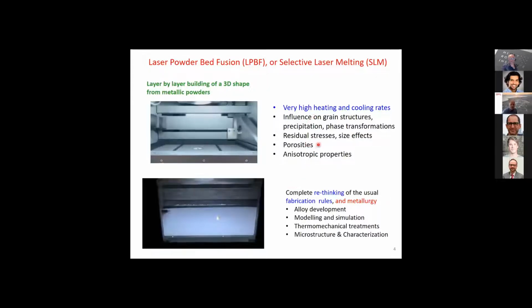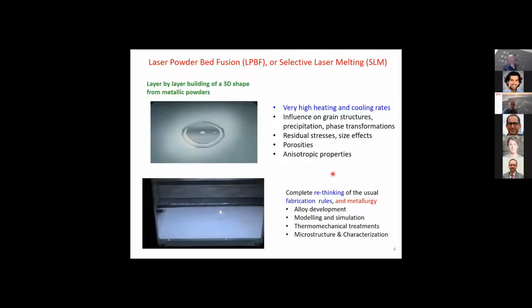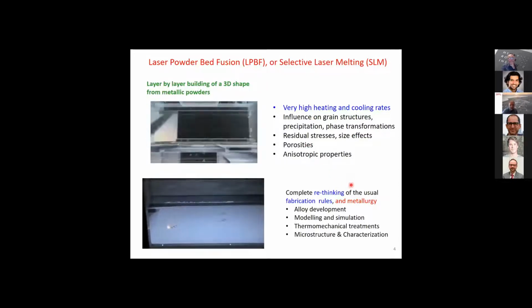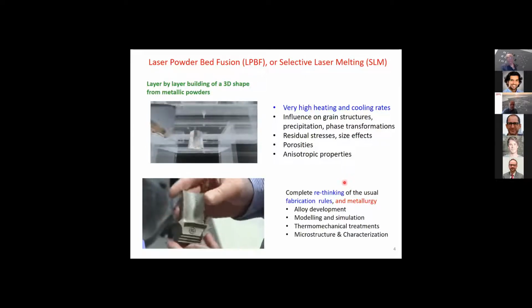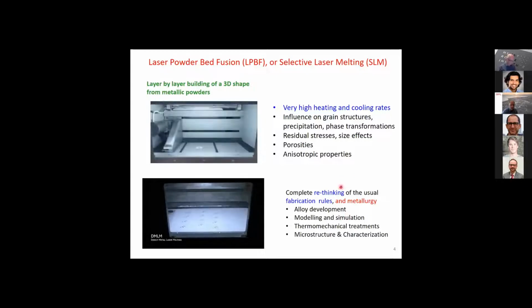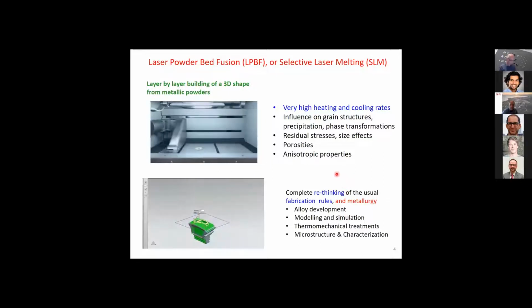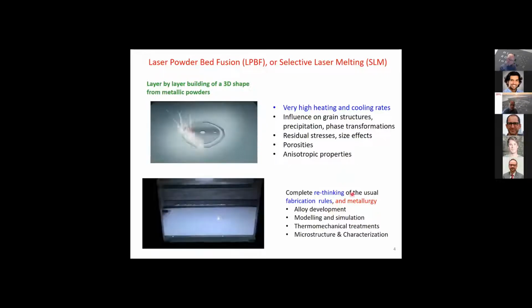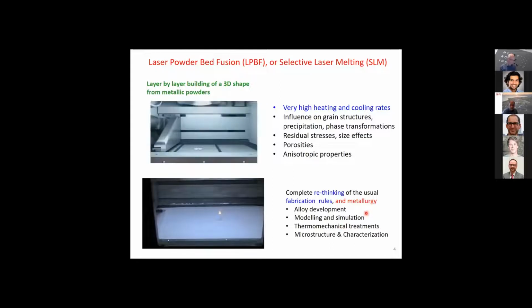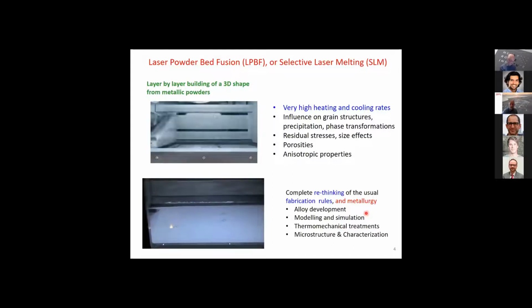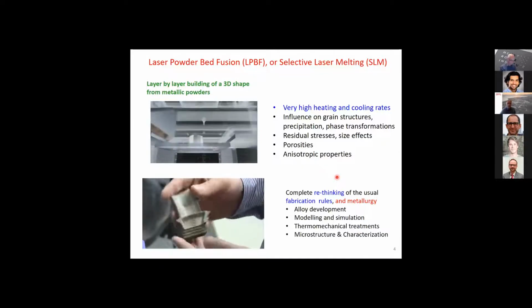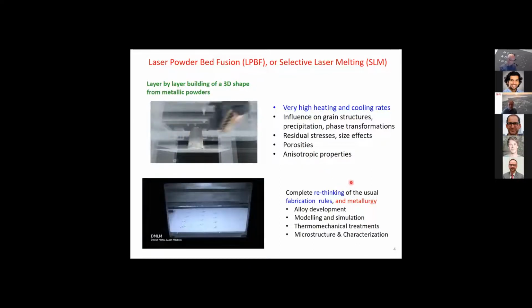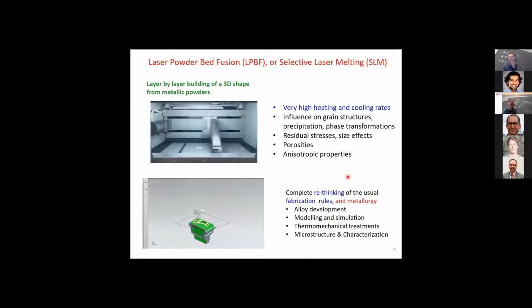I just want to emphasize the very high heating and cooling rates, which lead to some kind of a special metallurgy, the type of alloy that are suitable for this type of fabrication, difficulties in dealing with time and spatial scales, which cover a wide range in modeling, very special thermomechanical treatments undergone by a material, and also we have seen how sometimes difficult it is to manage characterization of good quality in these materials.